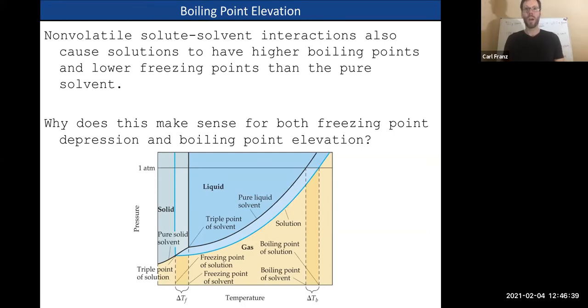A solution is outcompeting the intermolecular forces of the solute and those of the solvent and creating new attractions, okay? So remember, what dictates a freezing point and a boiling point? Their degree of intermolecular forces. And so if you're changing those, you're going to change their properties, okay? And that's why adding salt to water changes its freezing point.